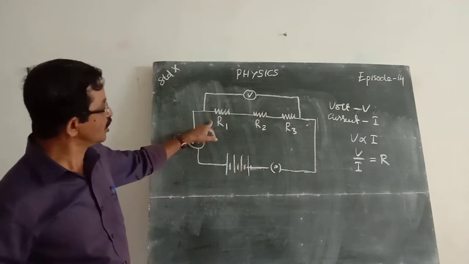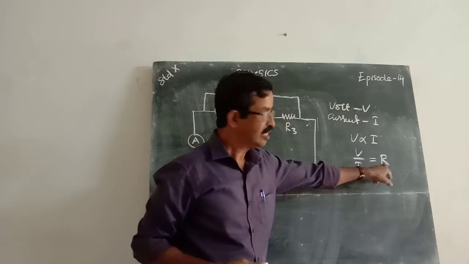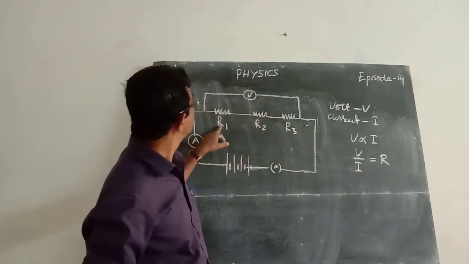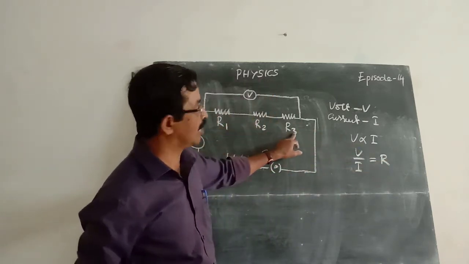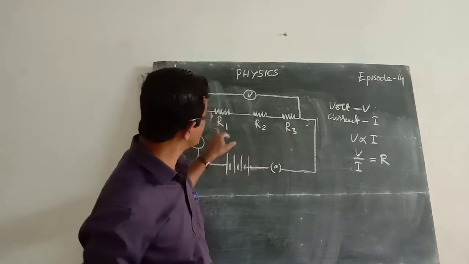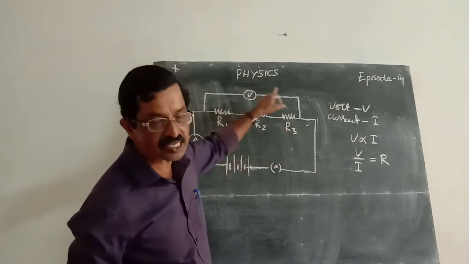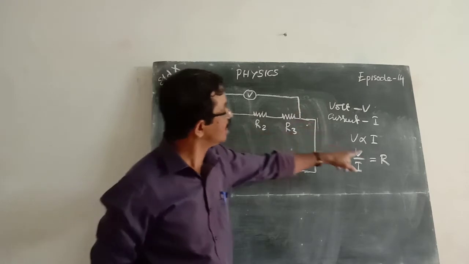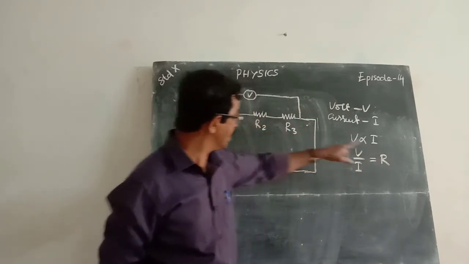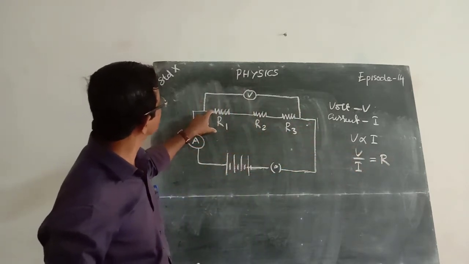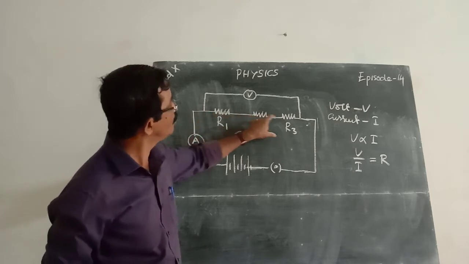Now this R shows the resistance of this R1, R2 and R3. That means effective resistance of these three resistors. This R shows what? Effective resistance of this R1, R2 and R3.